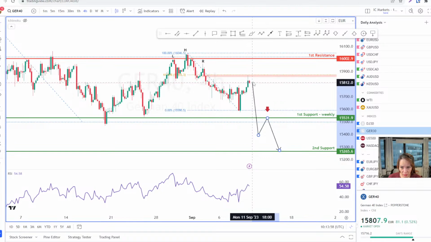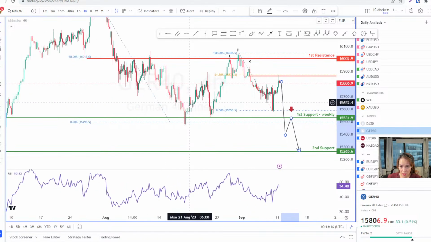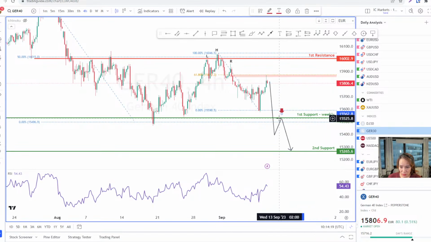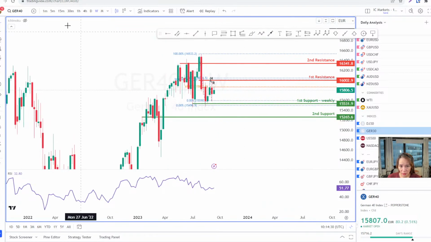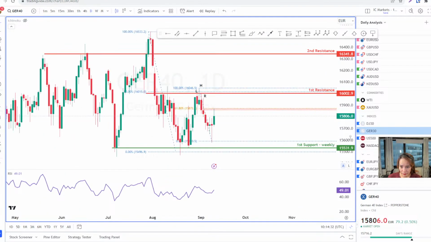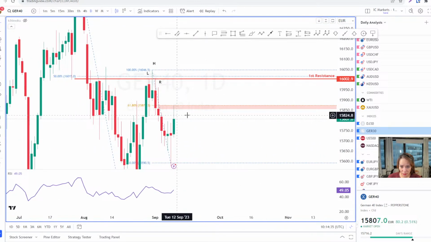But if you have the sell order, you just hold, and you either use your trailing stop loss, or move your SL to break even. Otherwise, if you don't have a position, just wait here, because this first support is really strong, because it's the weekly support level, and it already reversed from here.